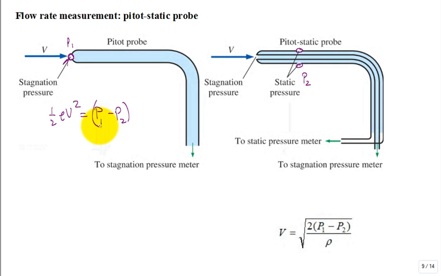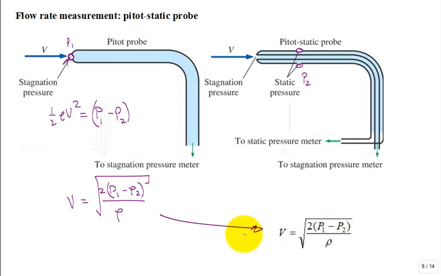You use that equation, V is equal to the square root of 2 times (P1 minus P2) divided by rho, voila. It gives you a very accurate, very easy to use, often used method for inserting a probe into a flow field and determining the velocity of that fluid in that flow field.